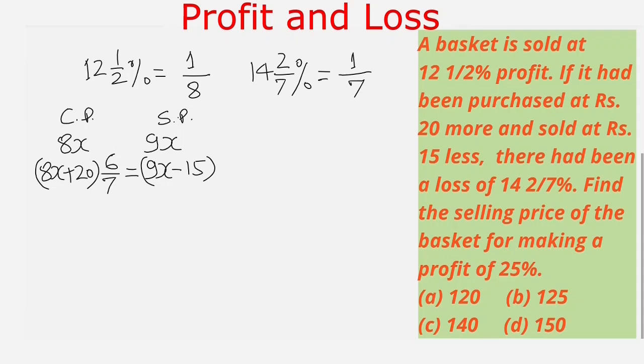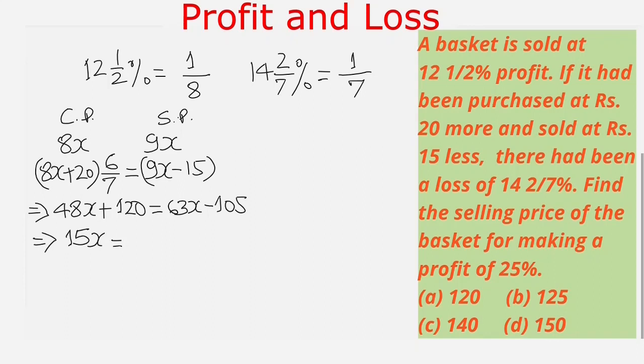Now we solve this. 6 times 8 is 48x plus 6 times 20 is 120 is equal to 9 times 7, 63x minus 15 times 7 is 105. This gives 63x minus 48x, 15x, and minus 105 when transferred to other side becomes plus 105.